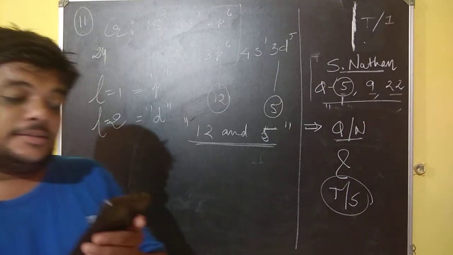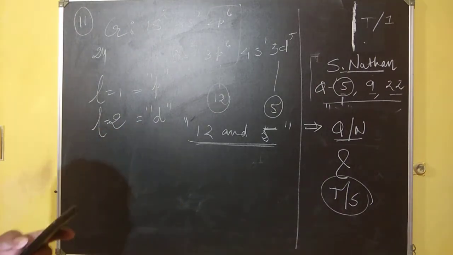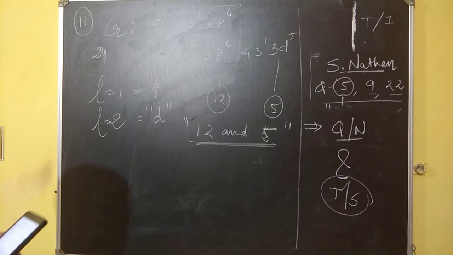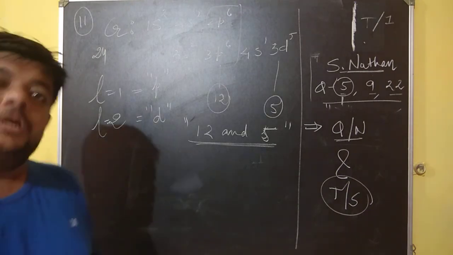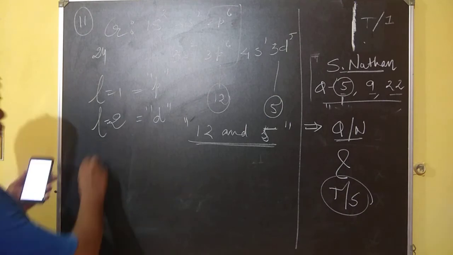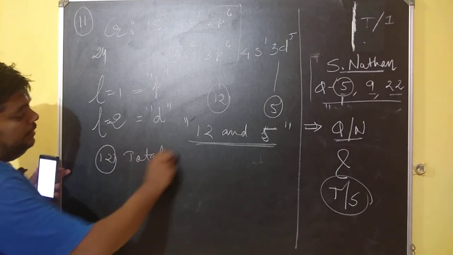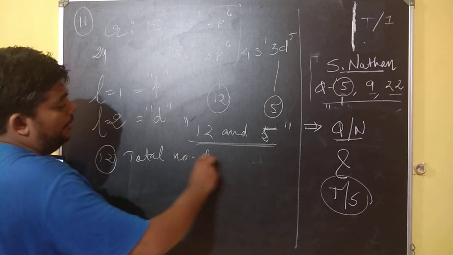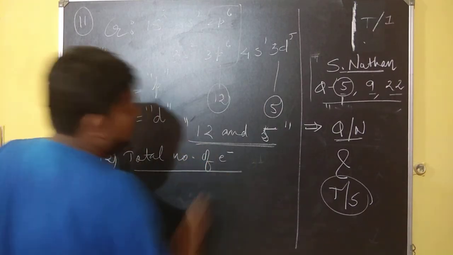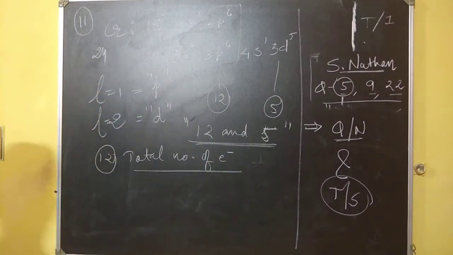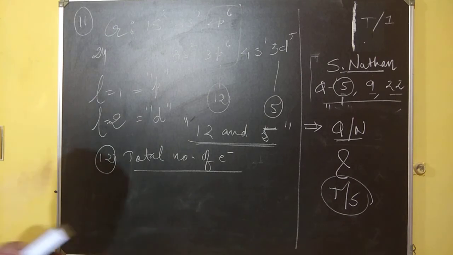Which sets of ions is isoelectronic? Let us do a simple thing: find the total number of electrons. So for question number 12, let us get the total number of electrons. Be very focused when you are going for the total number of electrons.